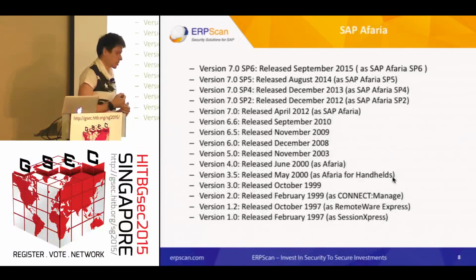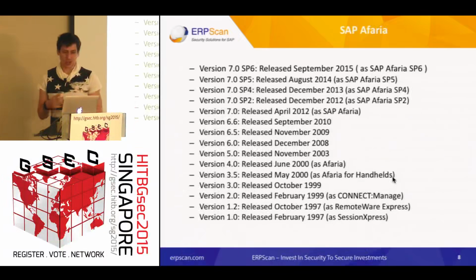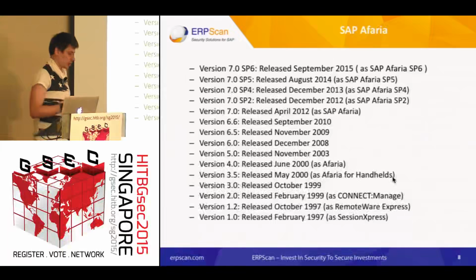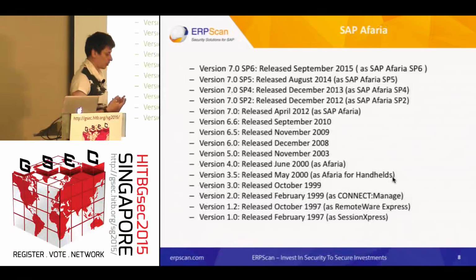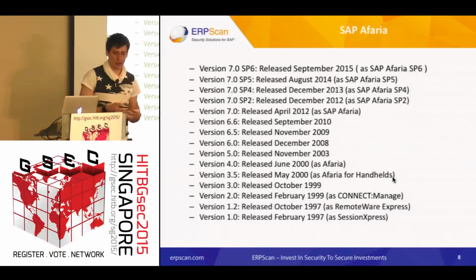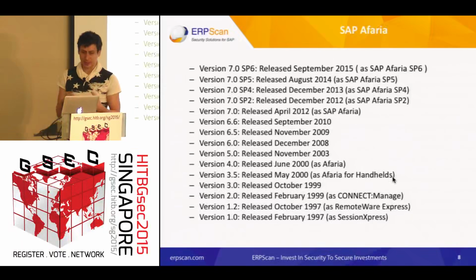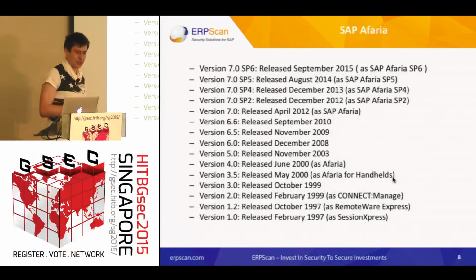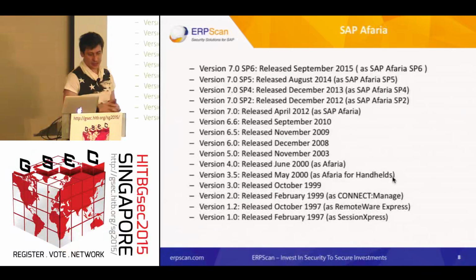The first version was a tool which allowed a system administrator to get remote control of user computers, but right now we have version number 7, Service Pack 6.